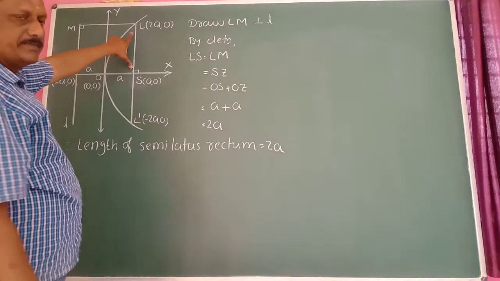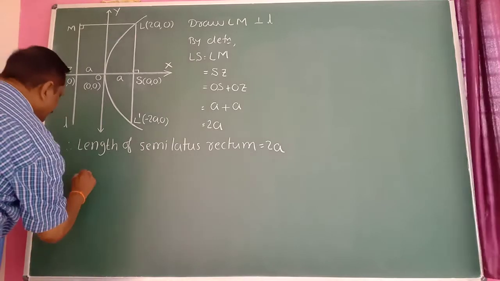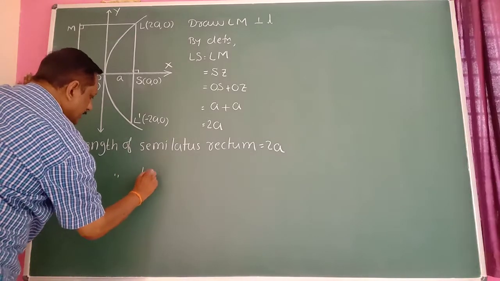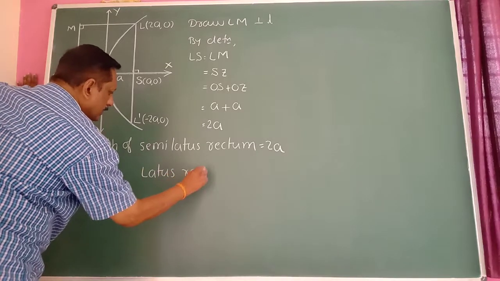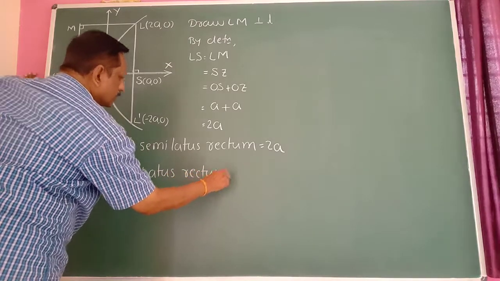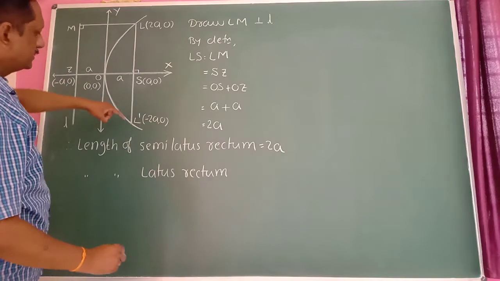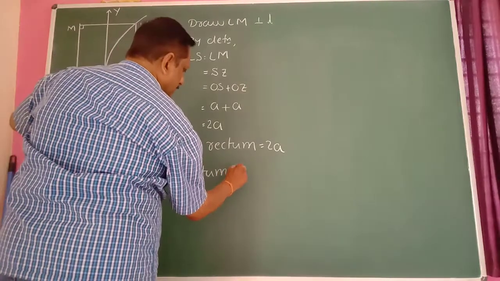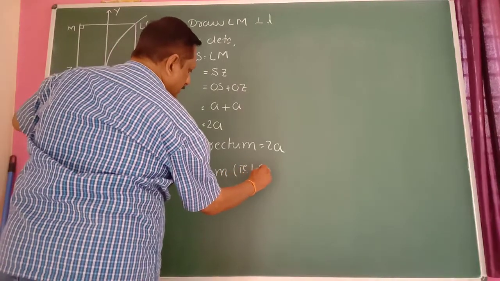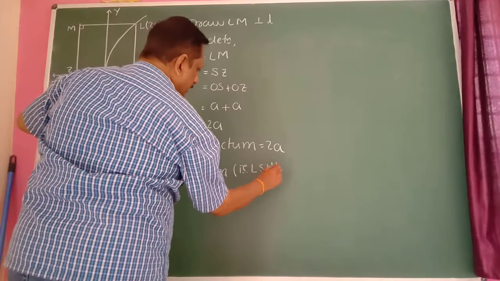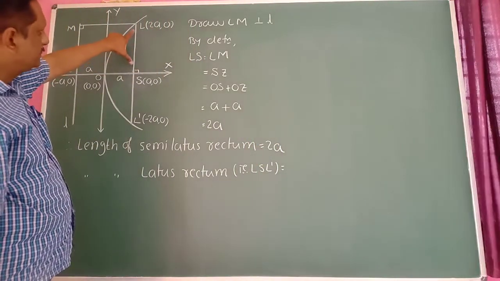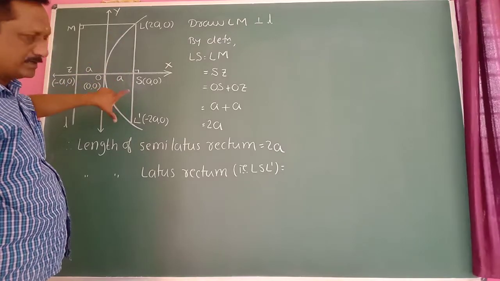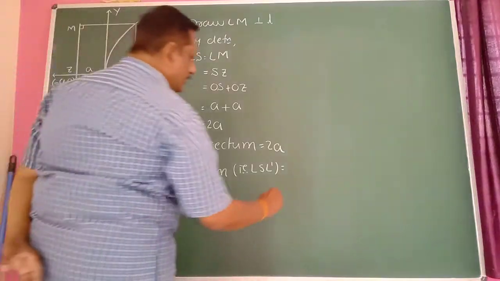Therefore, the length of the latus rectum, L S L dash, is 2 times LS, because it is symmetrical and both lengths are equal.